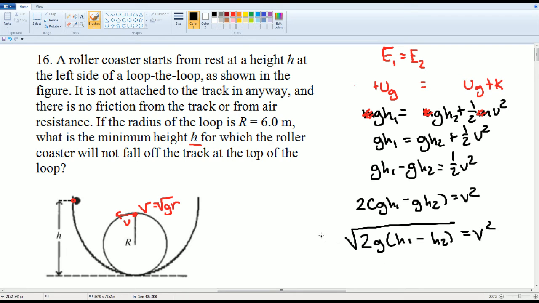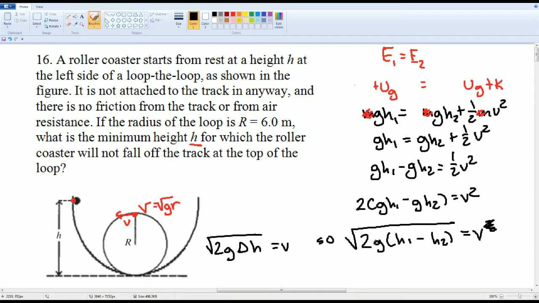Okay, so this in short says that square root 2g delta h is equal to its velocity. Okay, that's what it says. Let's see.